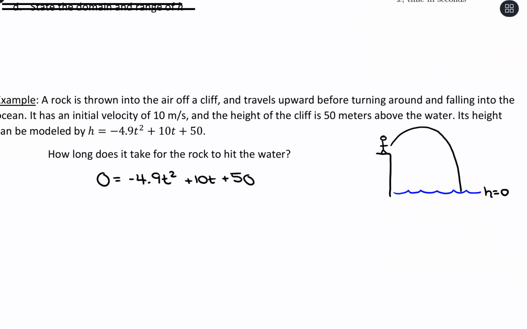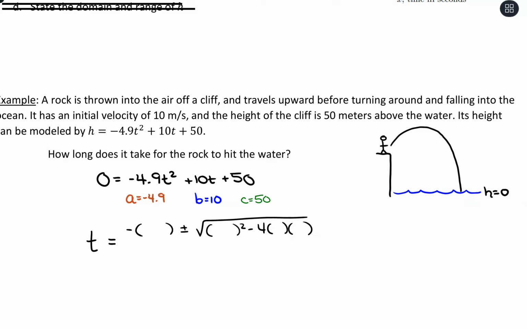Now, this is pretty messy, so I'm going to go straight for the quadratic formula here, where a is negative 4.9, b is a positive 10, and c is 50. We're solving t equals negative b plus or minus the square root of b squared minus 4ac, all over 2a.